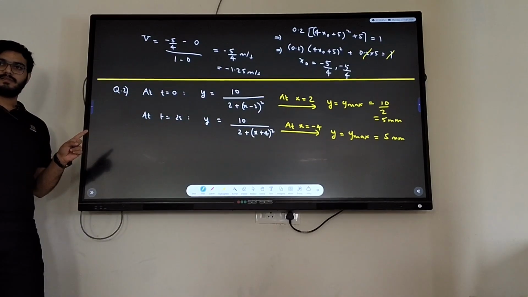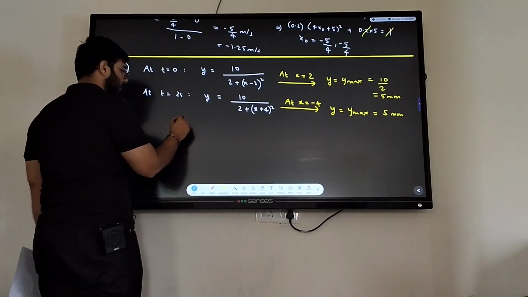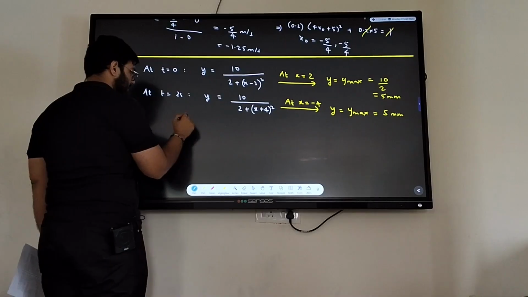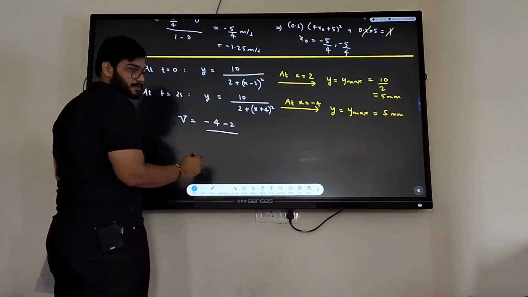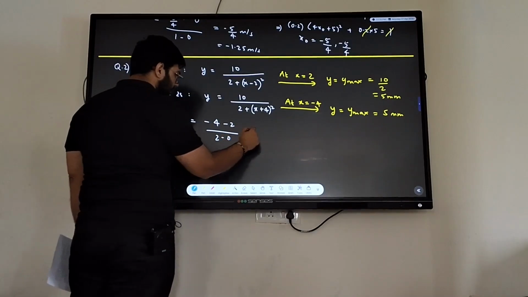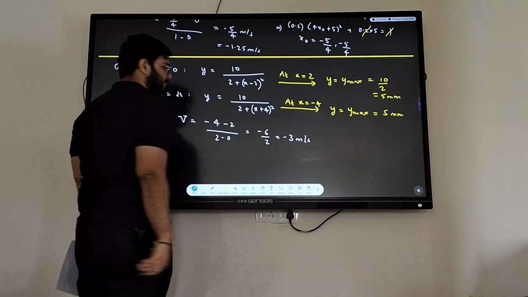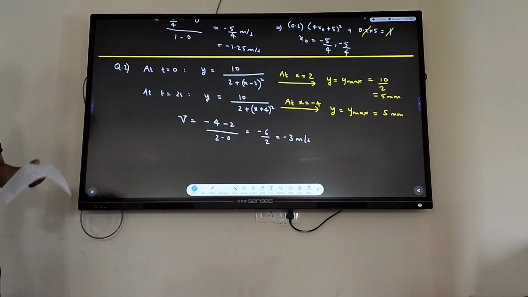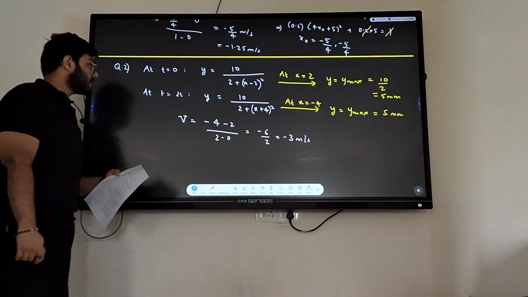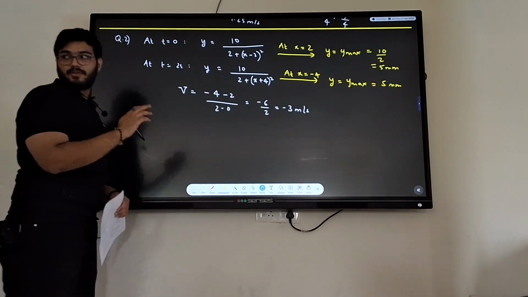In the negative x direction. And how much distance has it covered? So the velocity of the wave is the final position of the peak minus the initial position of the peak, divided by 2 minus 0. Is it okay? Fairly simple. Question number 2 done. Is there anybody who did not get it?